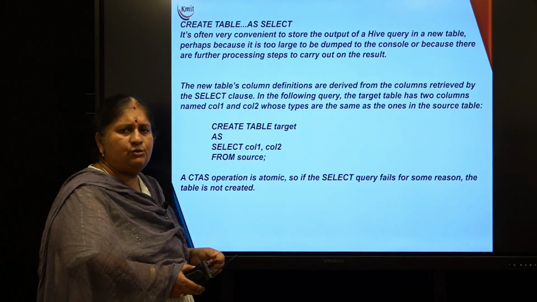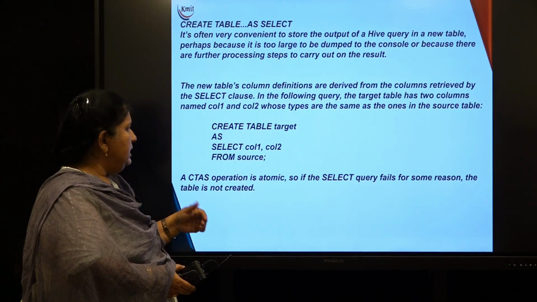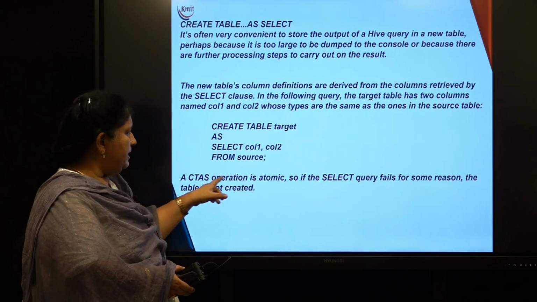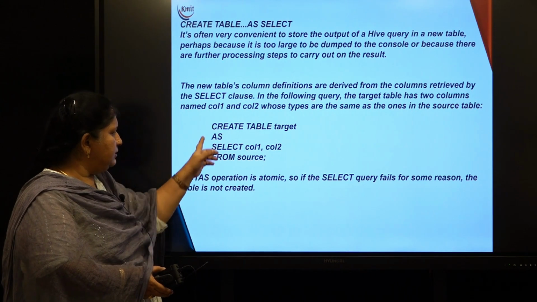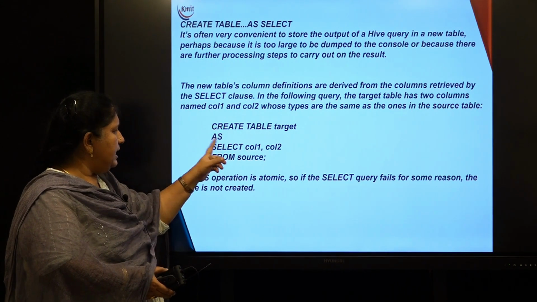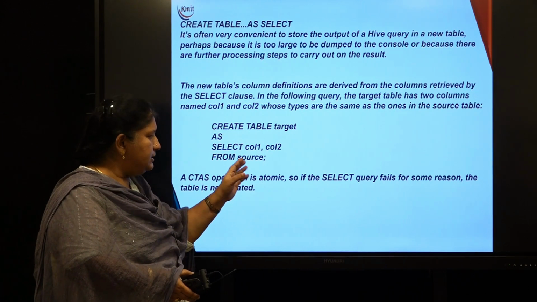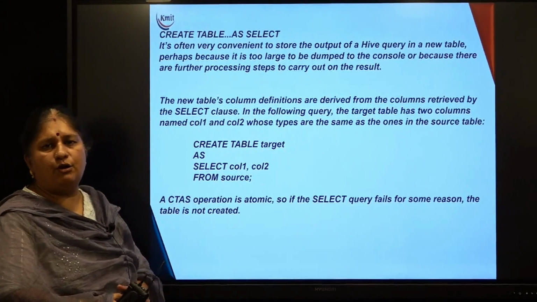Suppose this table does not exist, or one of these columns does not exist. In such a case, this particular table will not be created. CTAS stands for create table as select. This operation is atomic, so if the select query fails, the table will not be created.